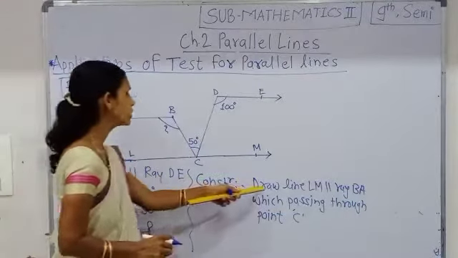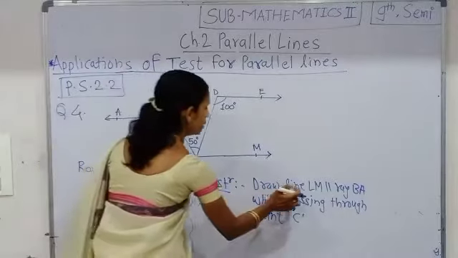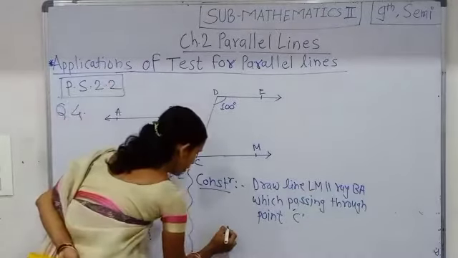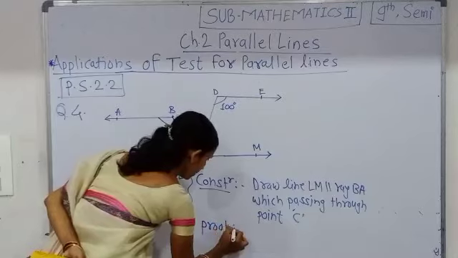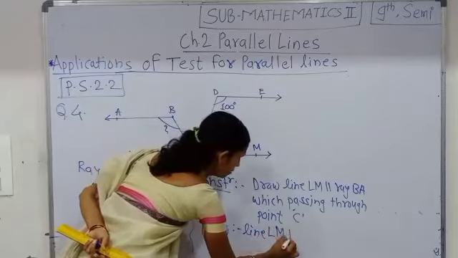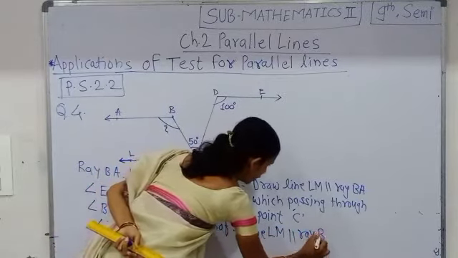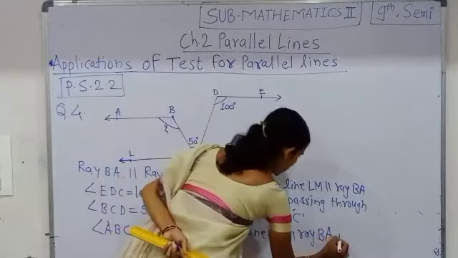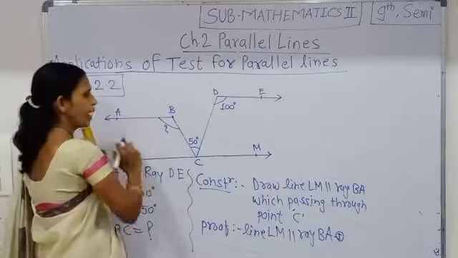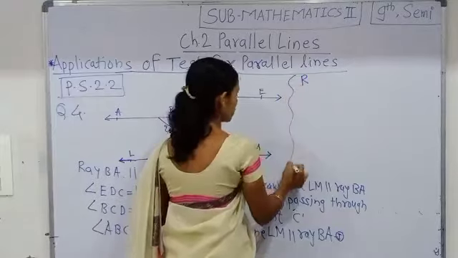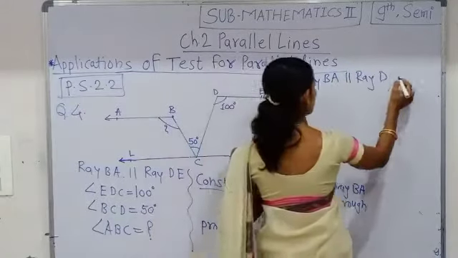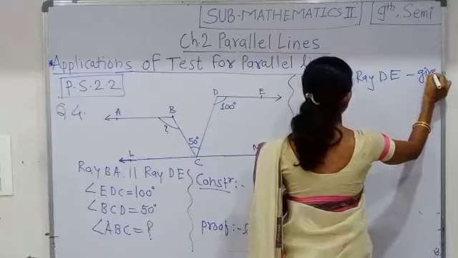From construction, line LM is parallel to ray BA. Let this be equation 1. Then ray BA is parallel to ray DE, which is given.